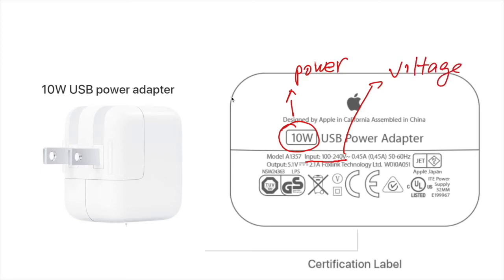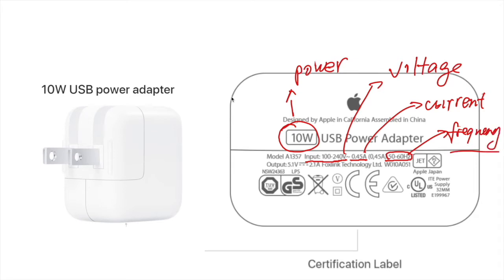And the 0.45 ampere, this is the unit for current. And 50 to 60 hertz, this is the frequency of the AC voltage. We will talk about this later.